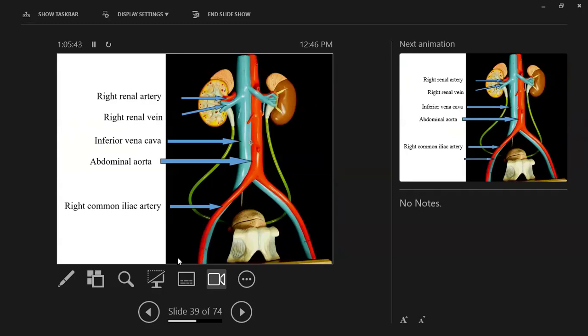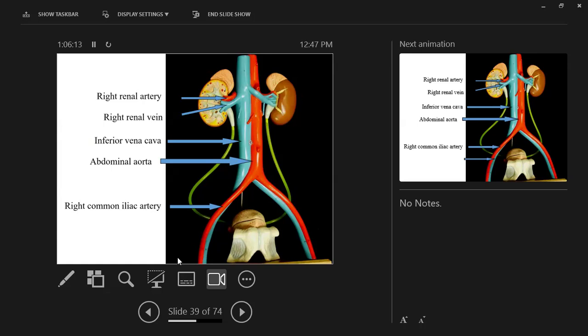Now, it's common. That means it's going to split again and go internal and external. We're going to see this artery have an external component and an internal component on the right and left side, matched by the veins. So whenever you have the term common, it means it will split and go internal and external, like the right common carotid and the left common carotid are going to split and go up internal and external around the brain.